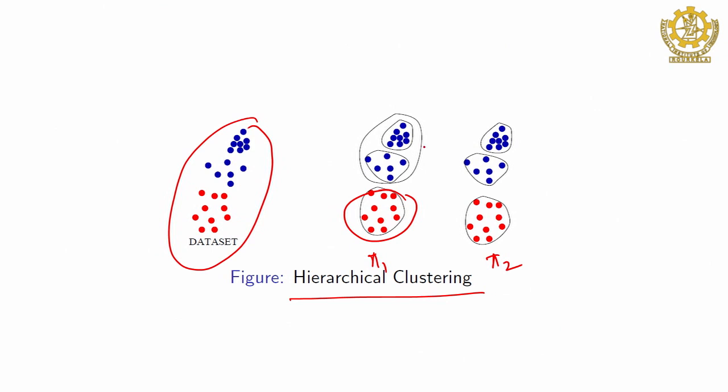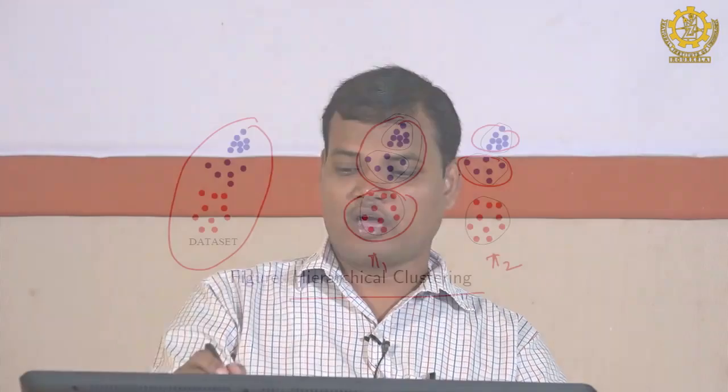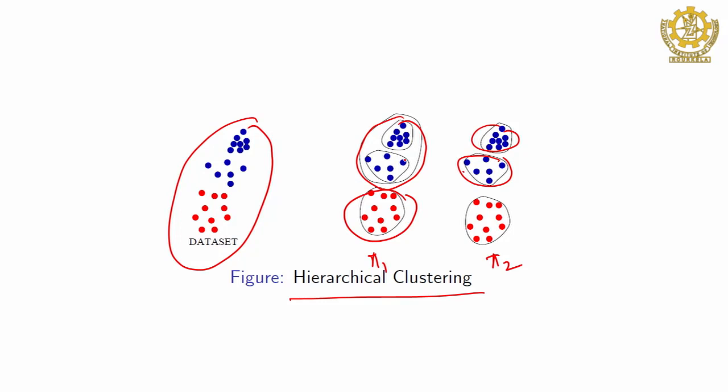But one thing to be noticed: there is one single cluster, and then this single cluster is again divided into 2 clusters. Across the clusterings in the hierarchical clustering approach, you have the subset superset relation, because this is a subset of this one and this one is the superset of this cluster.